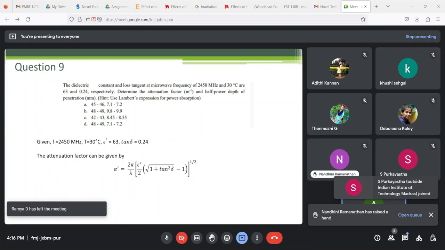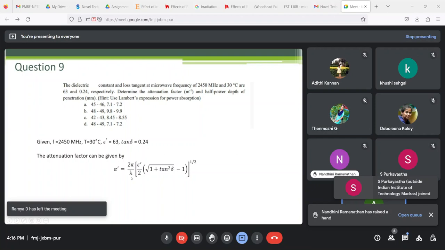Okay, so the attenuation factor will tell you how the energy is being dissipated inside the food particle that is being irradiated. The attenuation factor's equation is given by alpha dash equals 2 pi by lambda, epsilon dash by 2 into the square root of (1 plus tan square delta) minus 1.